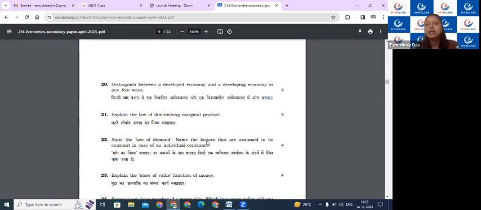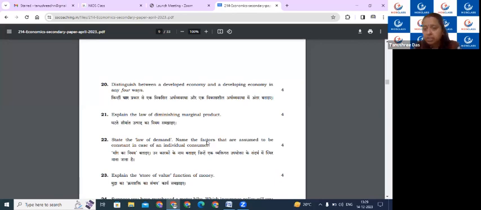Second, a developed economy has proper employment opportunities; a developing economy does not. Third, a developed economy has a very low rate of poverty, and a developing economy has a huge rate of poverty. Fourth, a developed economy has a very good economic structure; a developing economy does not. So these are the basic differences.